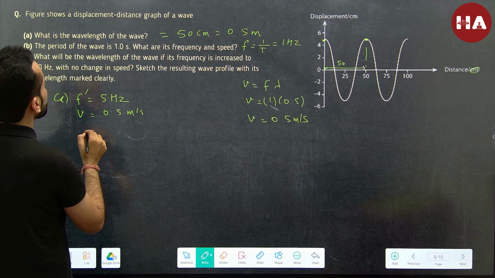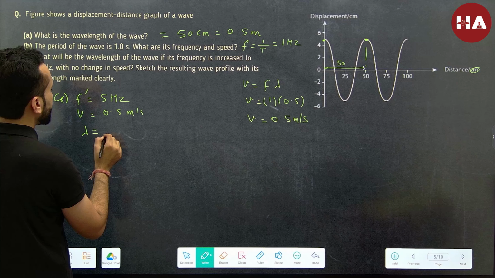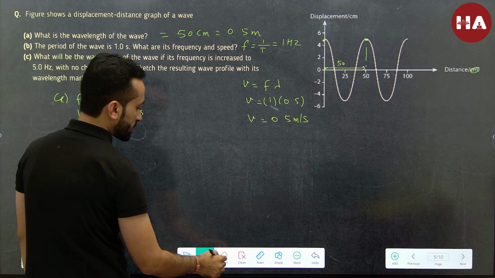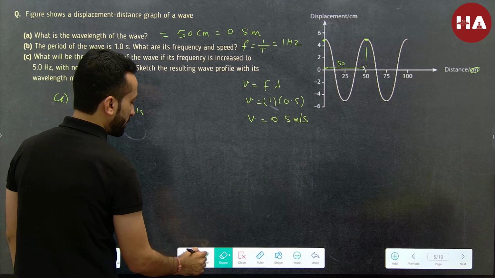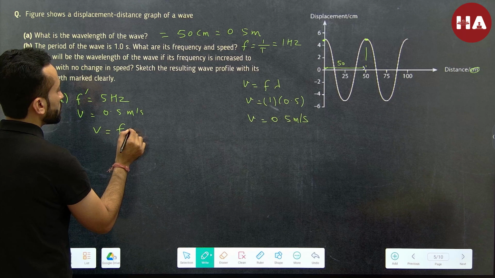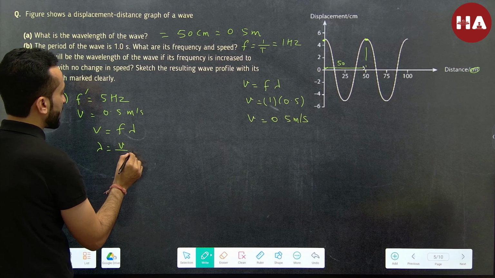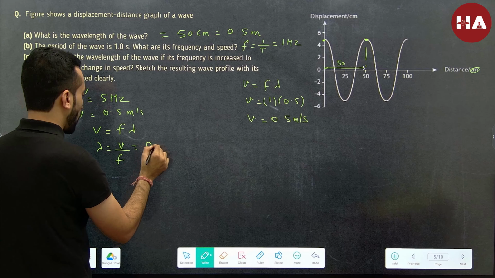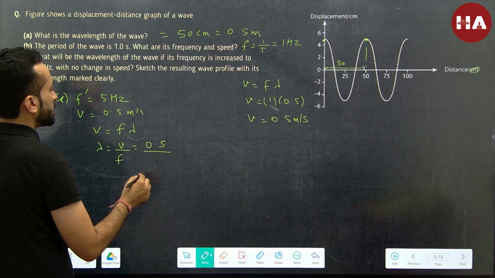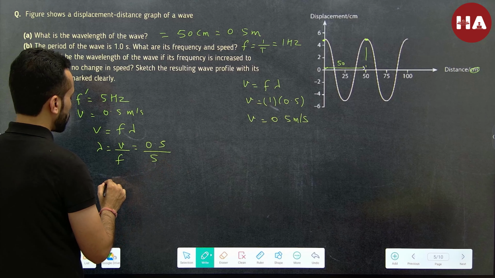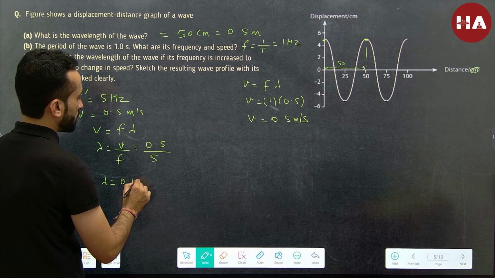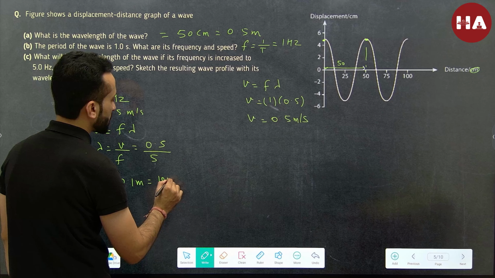So what will be its new wavelength? Since v is equal to f lambda, that's our formula, lambda is going to be v by f, v is 0.5 and f is 5. So lambda is 0.1 meter or 10 centimeter.